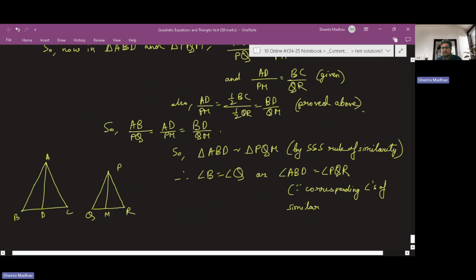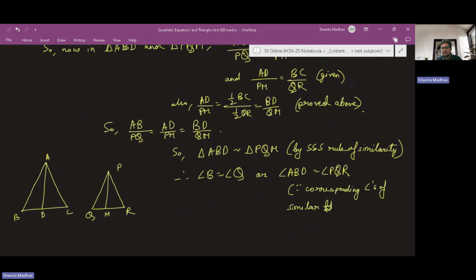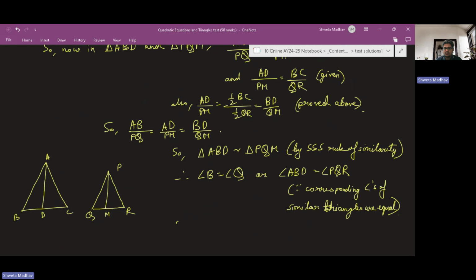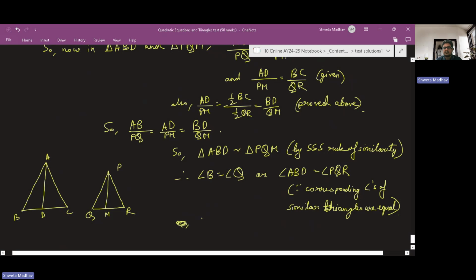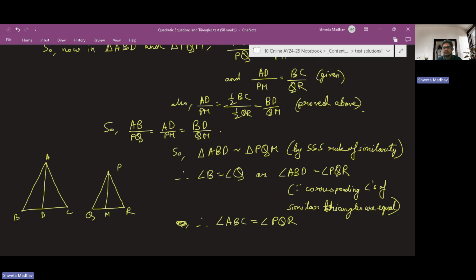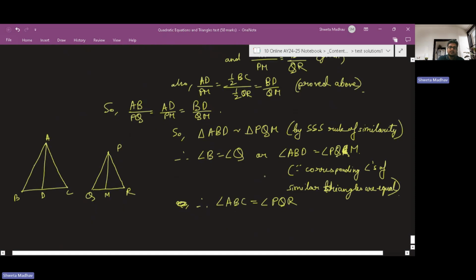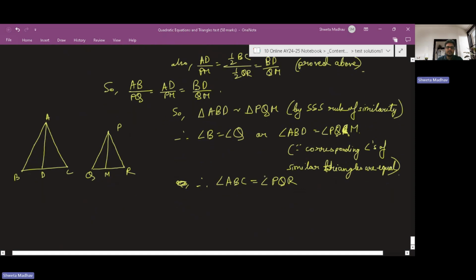So from here we can say that angle ABC is equal to angle PQR, or here we can say angle PQM. So PQM and PQR is the same thing. So these two angles are the same.